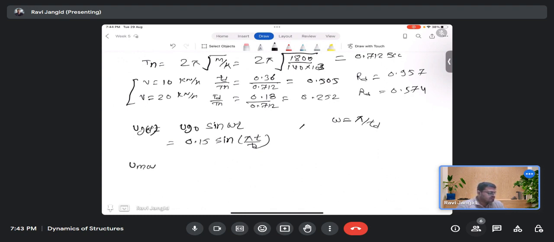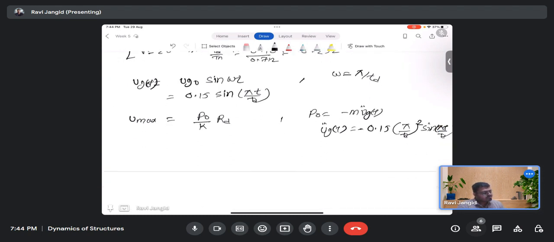U maximum comes out to be P naught by K into Rd, and for the ground excitation, P naught is minus m Ug double dot t. So Ug double dot t would be 0.15 negative (pi over Td) square into sine pi t over Td.